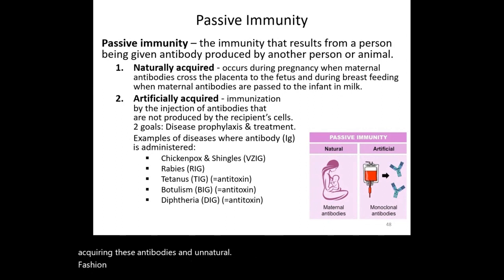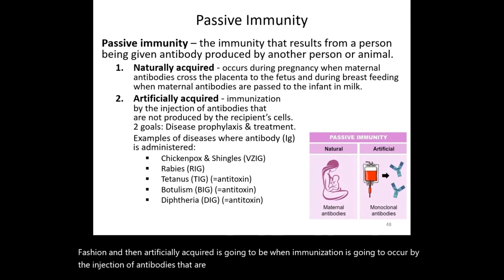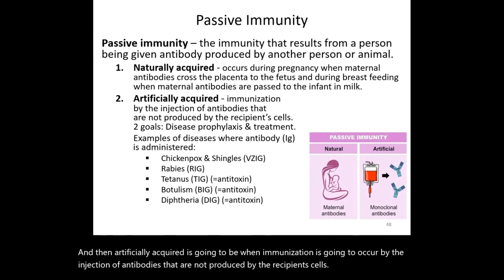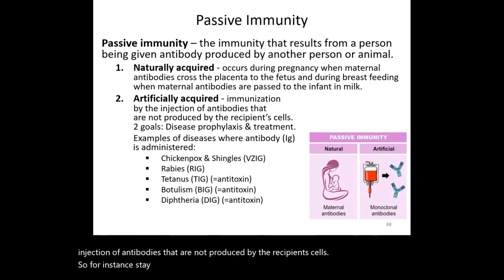And then artificially acquired is when immunization occurs by the injection of antibodies that are not produced by the recipient's cells. So for instance, say a young kid is playing outside and steps on a rusty nail.